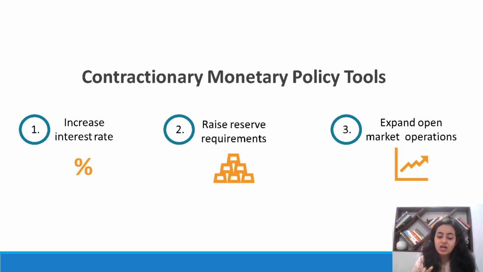Third, open market operations. Here, suppose the central bank starts selling securities. When the central bank is selling securities, people like us who wish to buy those government securities will take up our liquid cash, the spare money that we wish to invest, and deposit it with the central bank in return for an asset or a security that the central bank gives to us.